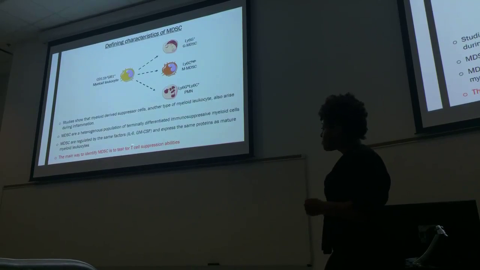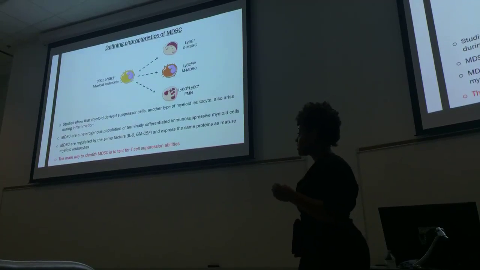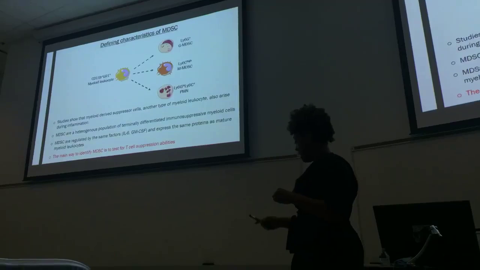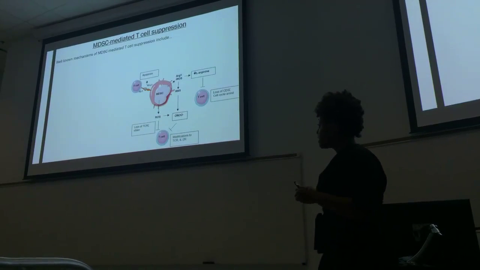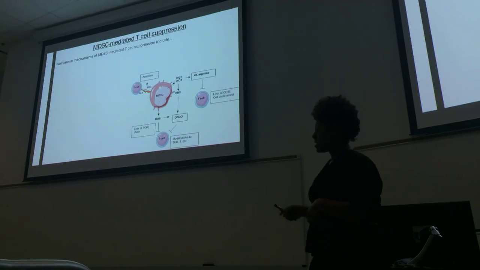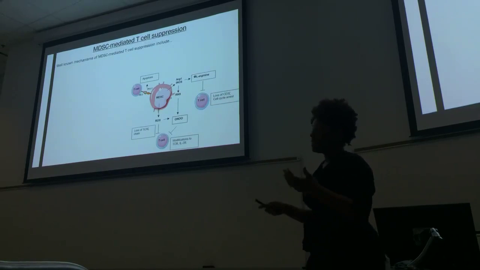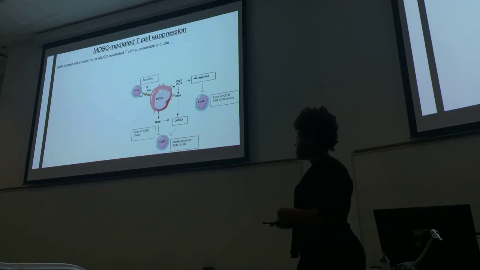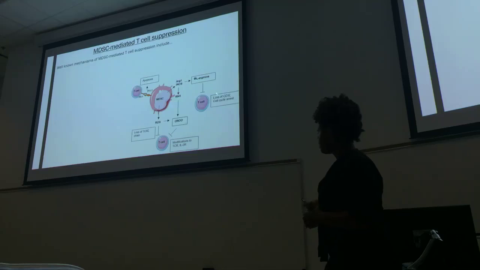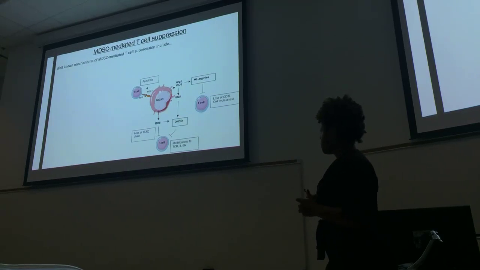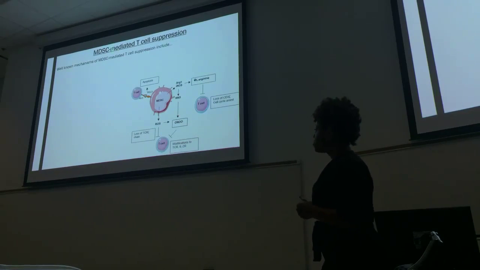The easiest way to do this is to test for T-cell suppression abilities. MDSC have been shown to be very, very suppressive in cancer situations and recently in inflammation, and they're being discovered in more and more pathological conditions. Generally, these cells are very immunosuppressive, but their biggest characteristic is that they're immunosuppressive to T cells.